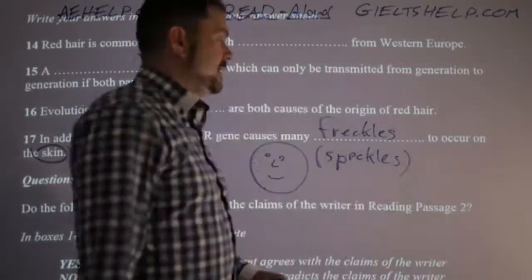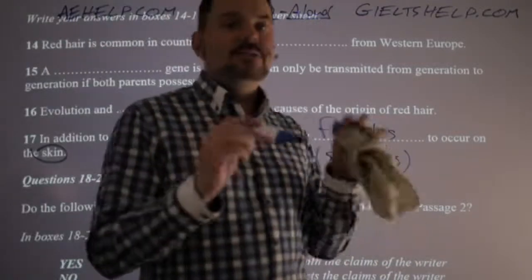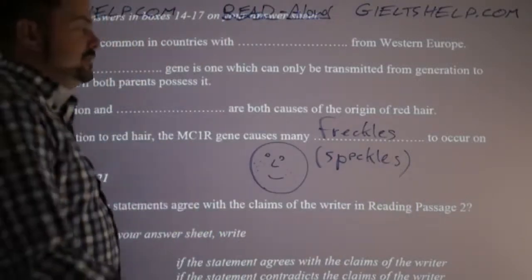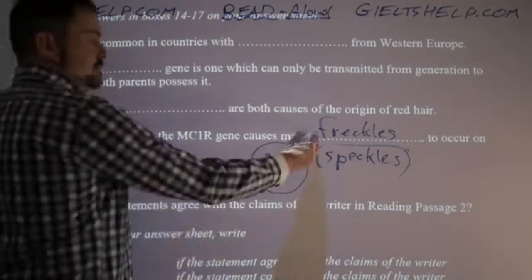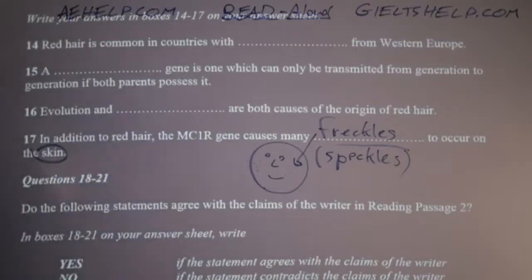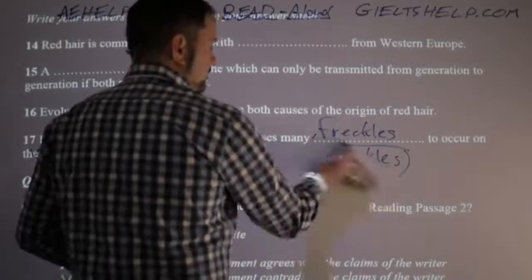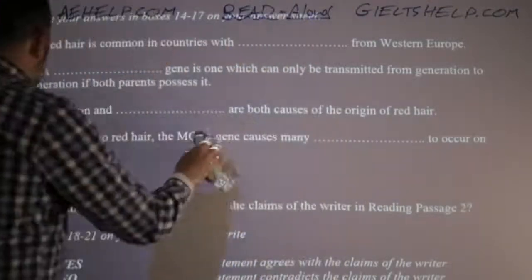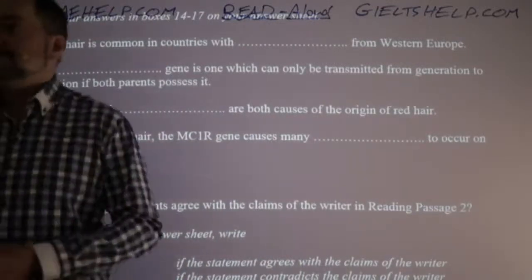Speckles we use in other contexts where you have little dots, like on a TV screen. But on the face, they're called freckles. Not only redheaded people have them, I have a few freckles as well. I think they're a little bit more common among European descent, but people have freckles, those little dots.